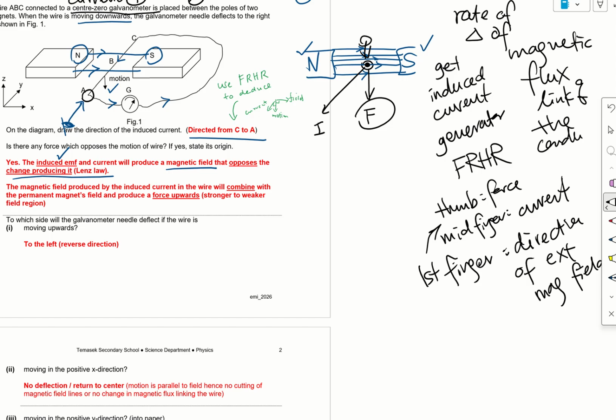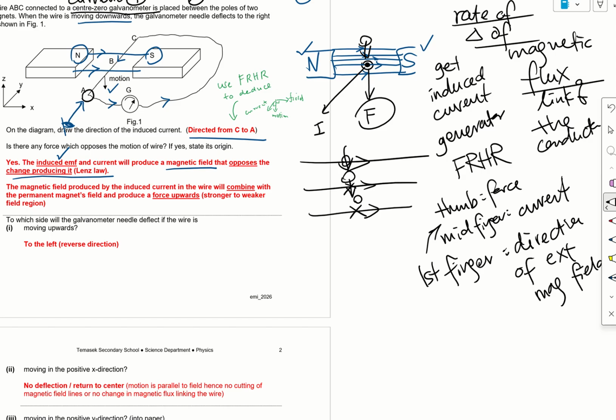We can think of the external magnetic field like that. If we go down, it cuts through a magnetic field. Then over here it doesn't touch any magnetic field, and then it continues to cut, no cutting, and it cuts again. So there's a constant rate of change of magnetic flux linking the conductor.